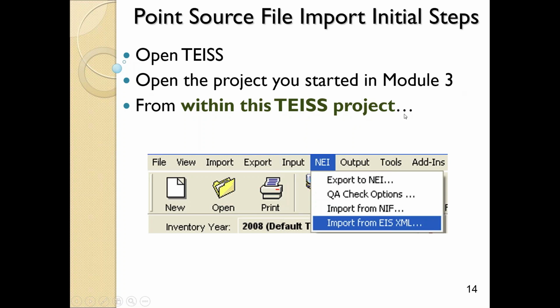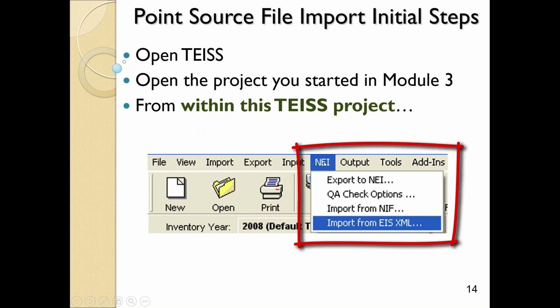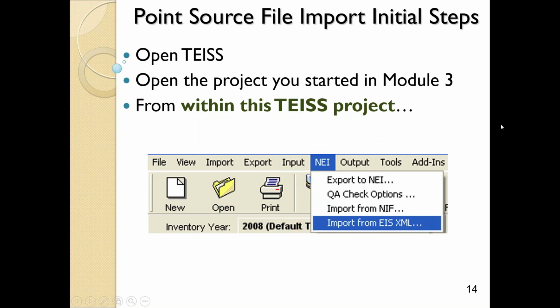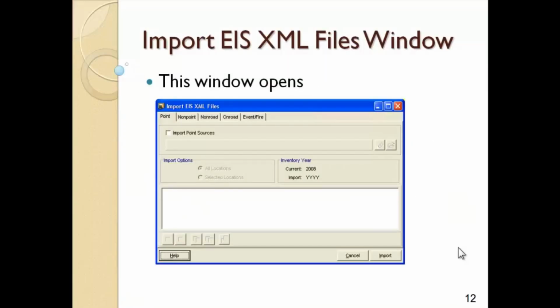So once you get your TEISS project open, you want to go to this NEI option. So you click on this NEI option, and then you click on the Import from EIS XML option. After you click on the Import EIS XML option, this is the window you'll see.